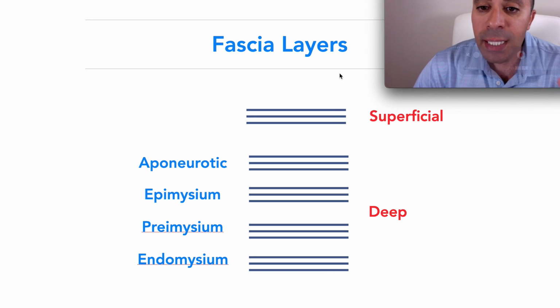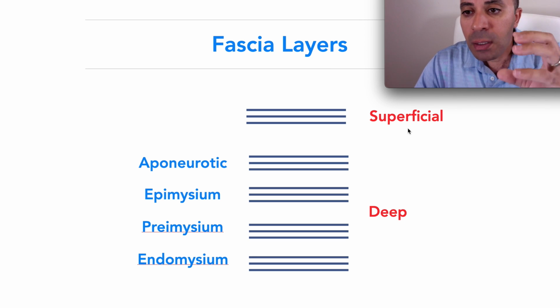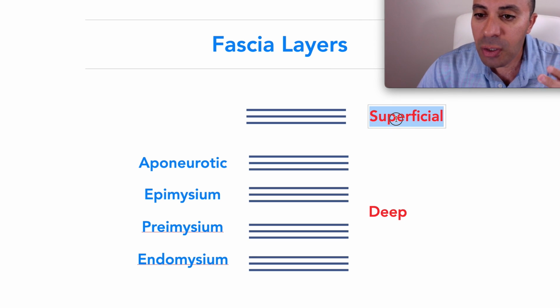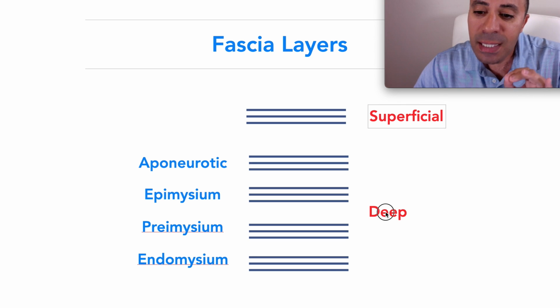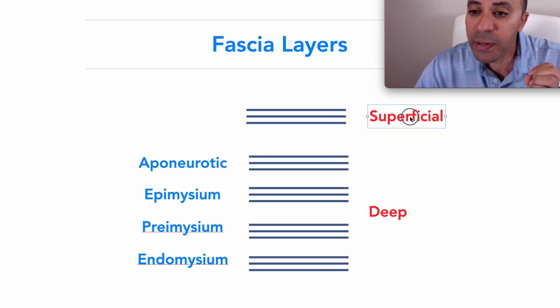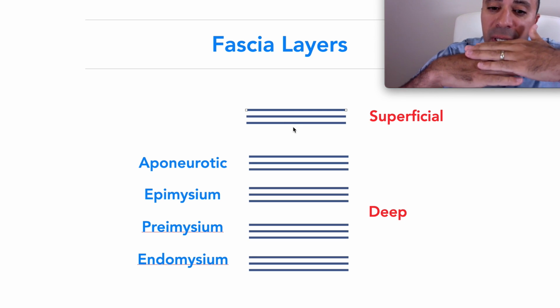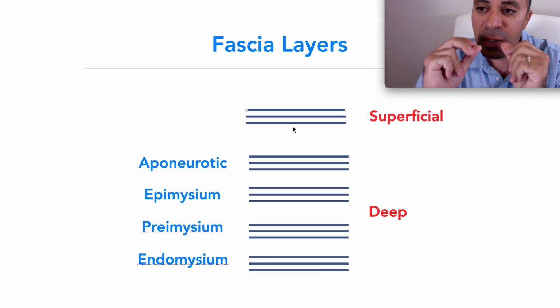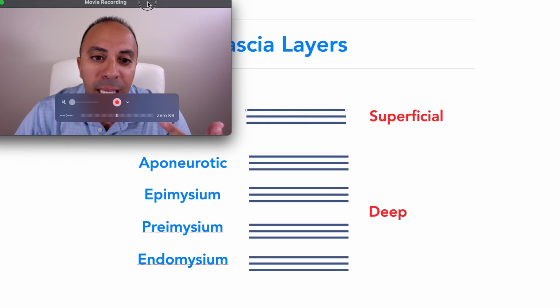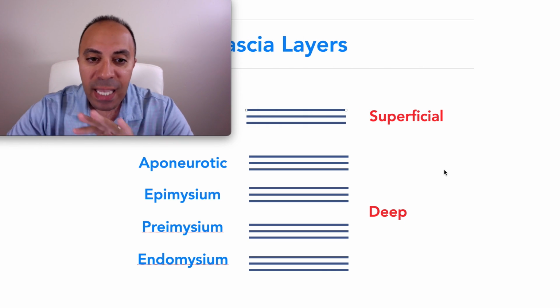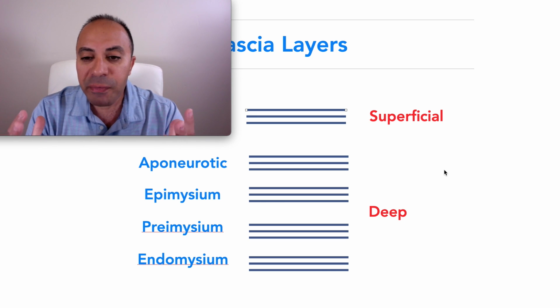So the fascia layers: we have two categories of fascia, superficial layer and deep layer. Each superficial layer consists of two to three sub-layers on top of each other. The fascia is a very thin layer that wraps the entire body. That's the superficial fascia.